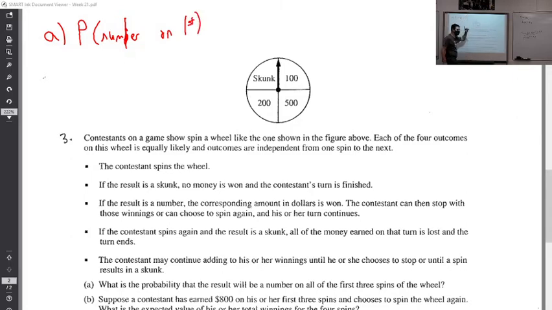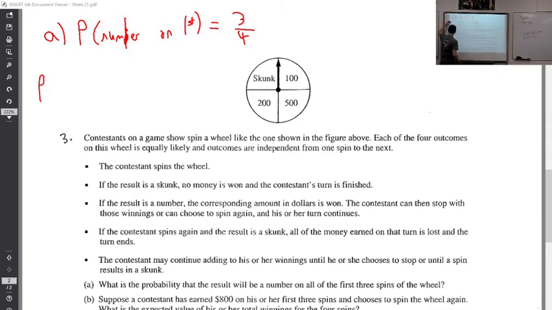So on a single spin, we have 4 different outcomes, and it says that outcomes are all equally likely. And how many of them are numbers? Well, 3 of them. The 200, the 100, and the 500. So we have a 3 out of 4 chance of getting a spin that gives a number and not a skunk.